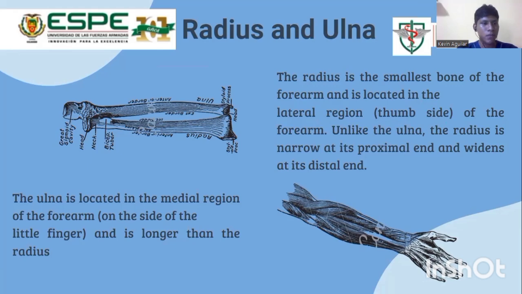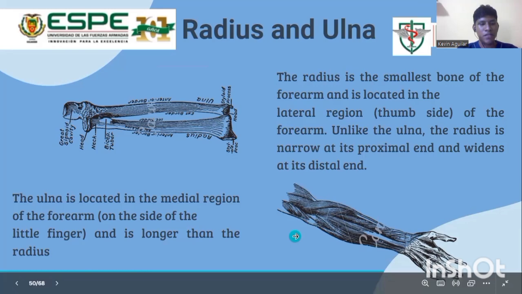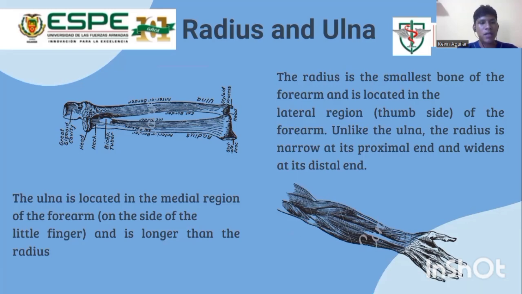The ulna is located in the medial region of the forearm, on the side of the little finger, and is longer than the radius.